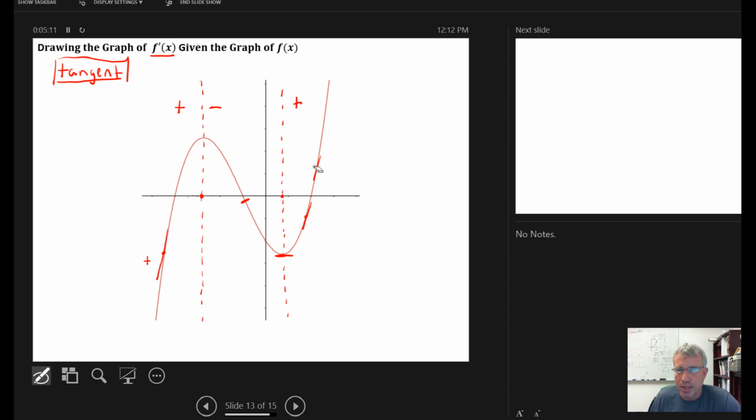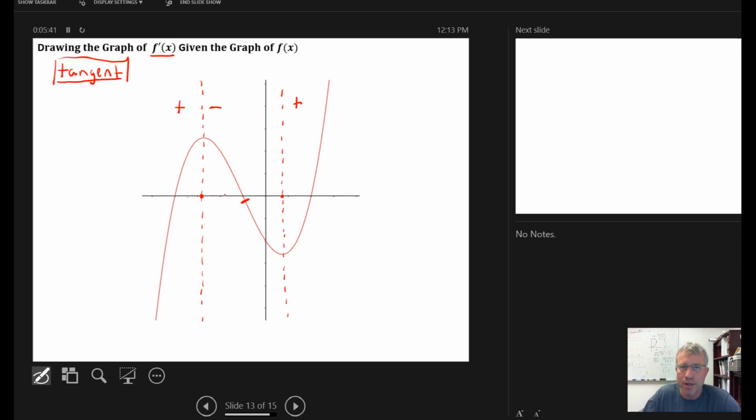So what this does is tell me that my derivative is going to start off positive, go to 0 right here, then it's going to go negative. It's going to have a max or min value at the x value at which the inflection point is. And then as I jump across this vertical line, the derivative will become positive again.